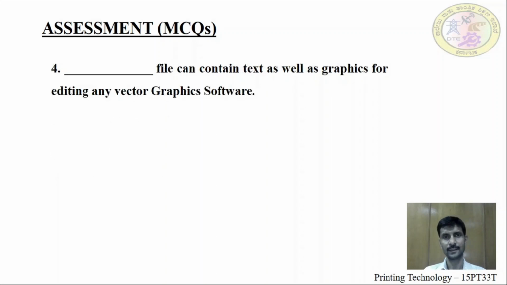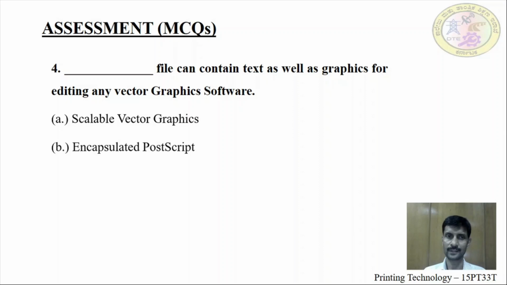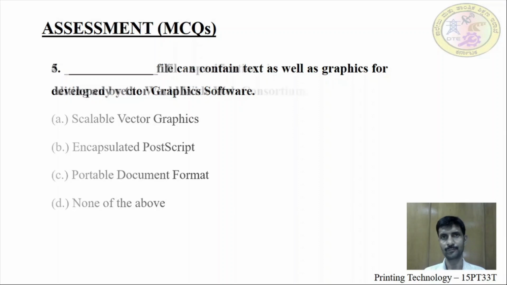Next question. Dash files can contain text as well as graphics for editing any vector graphics. The created vector graphics can be opened in other vector graphics software to edit and send for printing. Options are scalable vector graphics, encapsulated PostScript, portable document format, and none of the above.